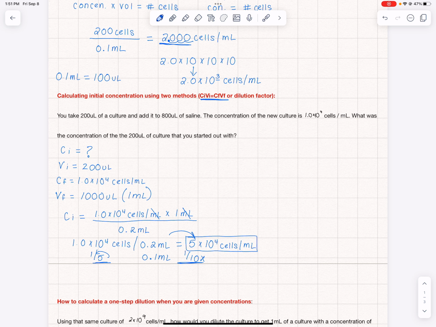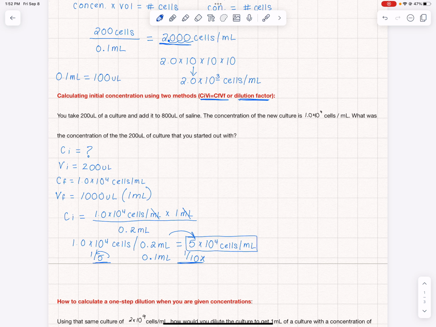So the other method in order to calculate concentration is by using what we call our dilution factor. And simply put, we know how much we are diluting a particular sample, and so we can calculate backwards how much our initial concentration would have been, knowing how much we diluted it by.